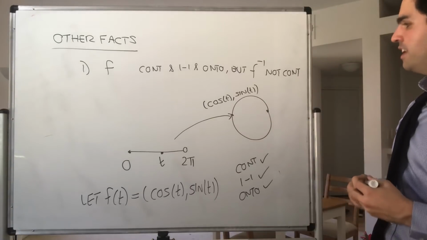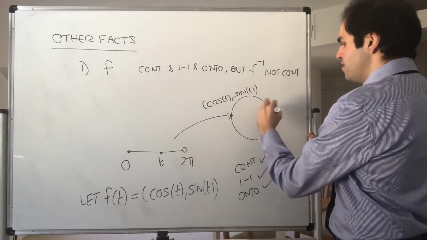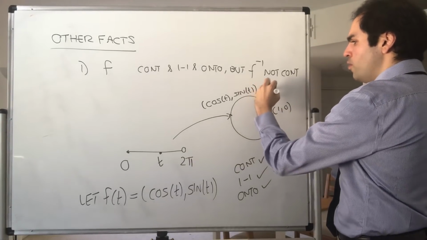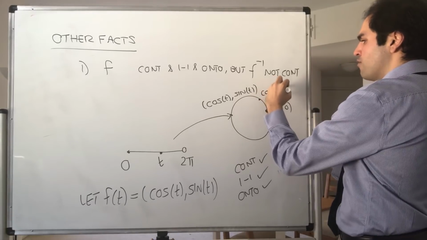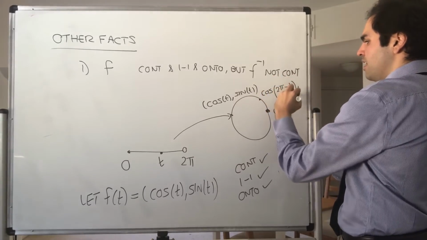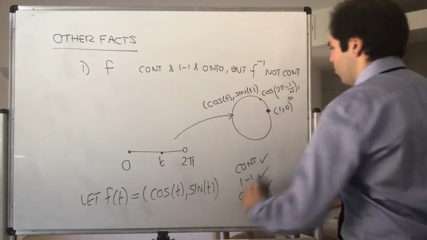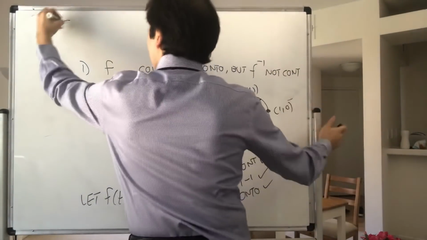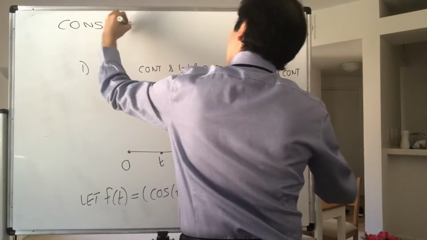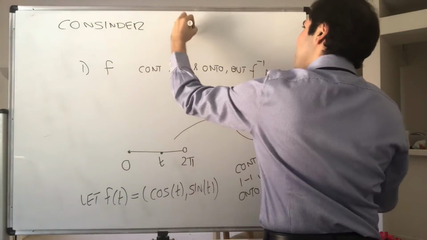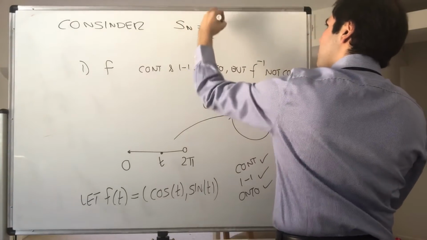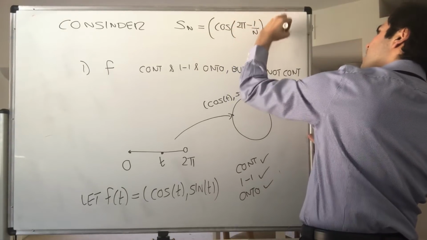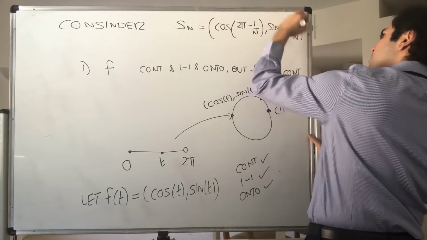However, I'm claiming that the inverse is not continuous. And for this, consider the point (1, 0), and consider the points Sn = (cos(2π − 1/n), sin(2π − 1/n)).